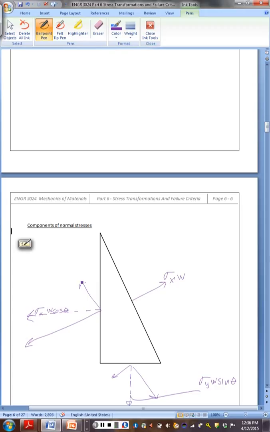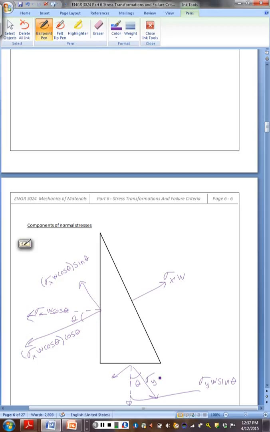So, starting with this one, we know that it is the resultant, sigma x W cosine theta, times, and this is our rotation angle here, and that's our rotation angle here, so we need to multiply this one times sine theta to get this component, and we take the magnitude in the x direction times cosine theta for this component.